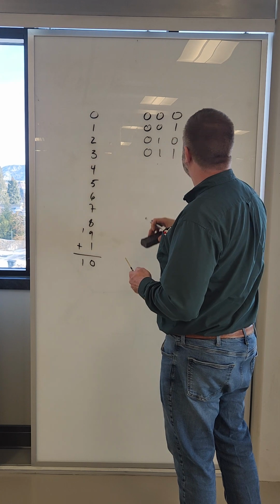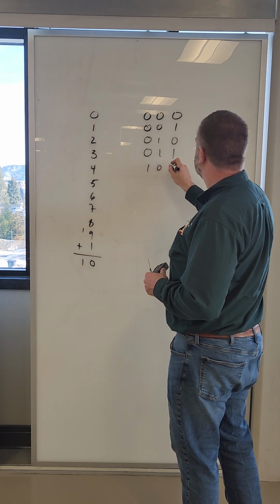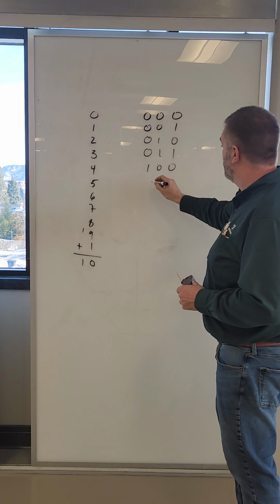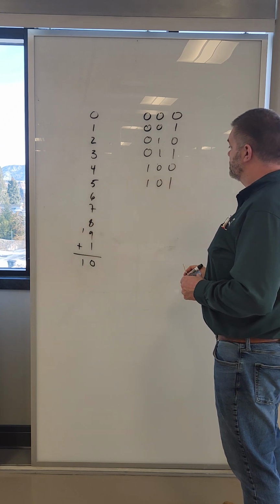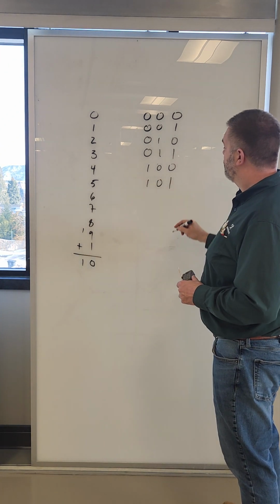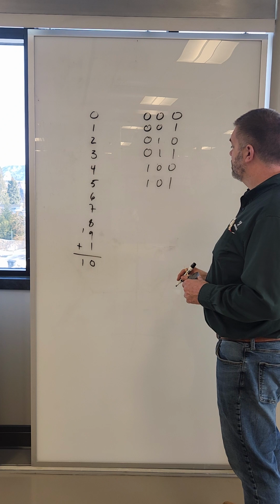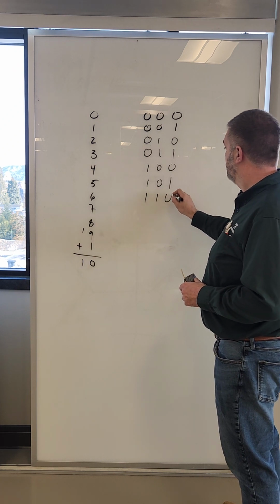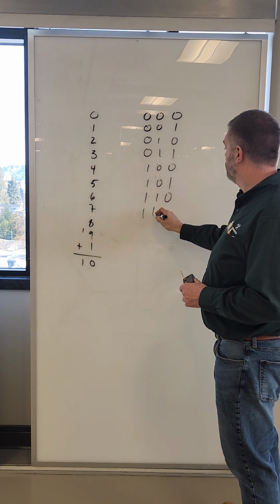So we'll erase those, and we get a 1, 0, 0. 5, we just add 1. That wasn't too complicated. 6, if we follow the pattern, we can maybe start to do it in our head a little bit. And then finally 7 is 1, 1, 1.